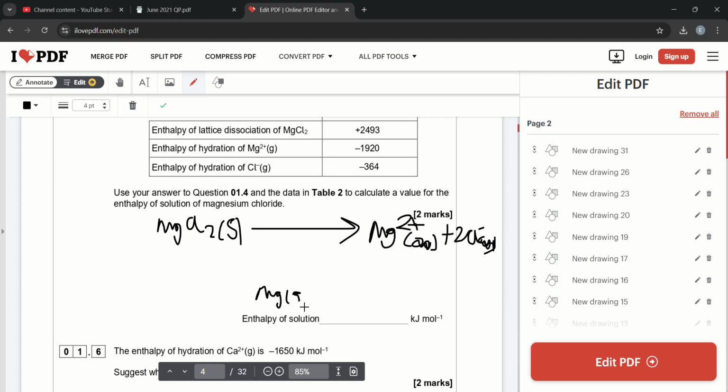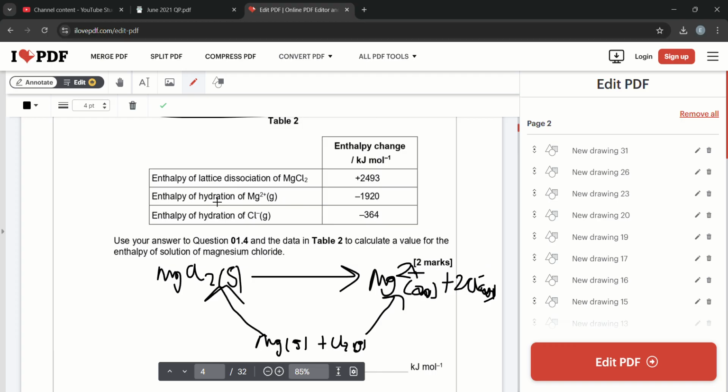and we've got magnesium solid plus Cl2 gas, and the arrows are going to be pointing upwards. Well, we know enthalpy of lattice dissociation of magnesium chloride, so dissociate magnesium chloride is plus 2493.